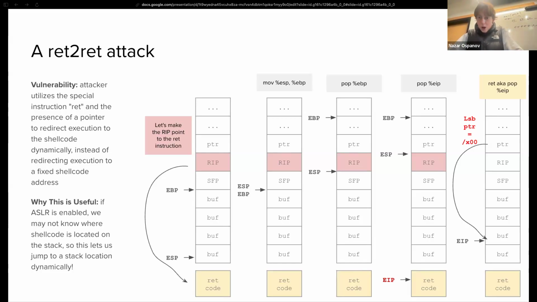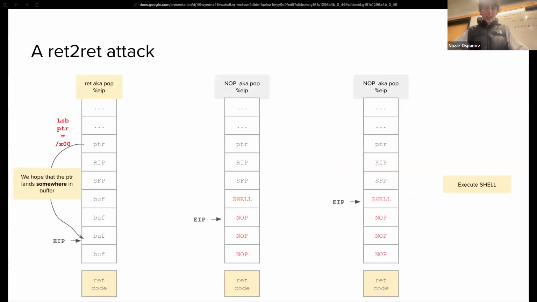And now because our EIP points to the ret instruction, we can run this, right? And the ESP is then pointing to a pointer right now, and we can load this value into the EIP. So if all of this goes to plan, we hope that this pointer will land us somewhere inside of the buffer, and then we may be able to control the buffer.